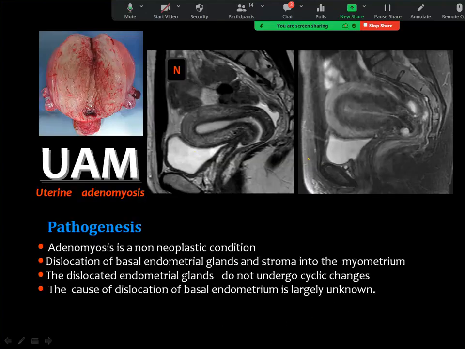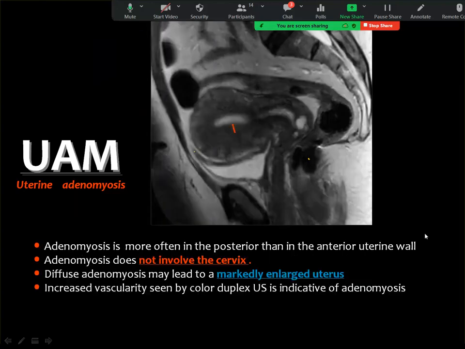And you diagnose adenomyosis if you see that the junctional zone, which is represented by this black line, is of abnormal thickness. Then you measure the thickness of the junctional zone. If it exceeds 12 millimeter, you are sure about the diagnosis of adenomyosis.